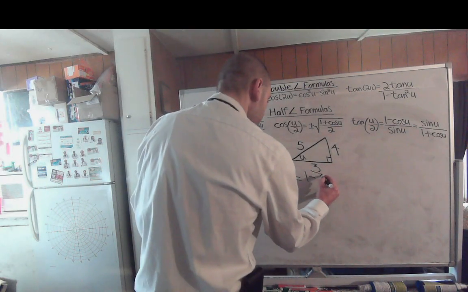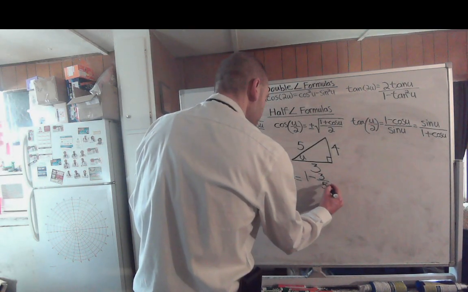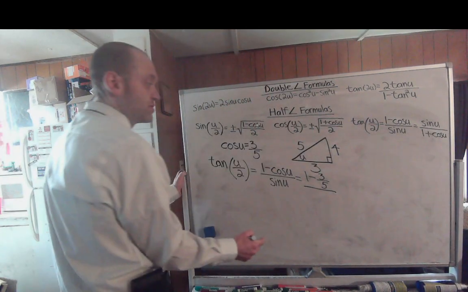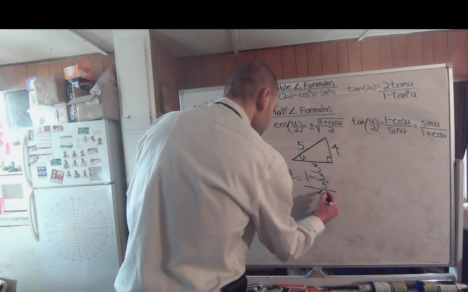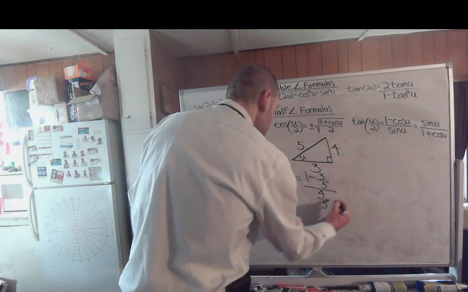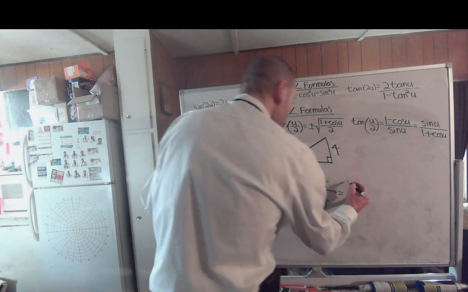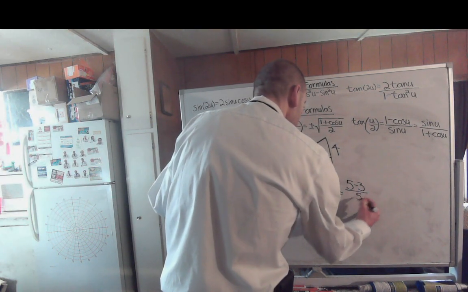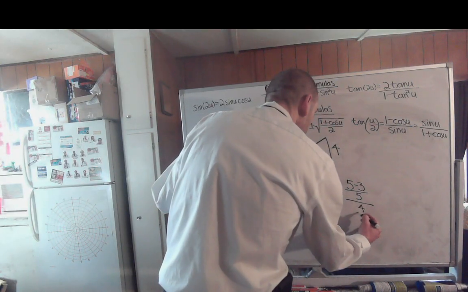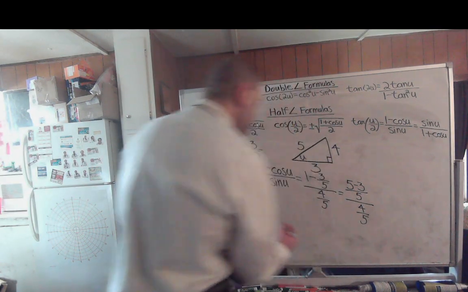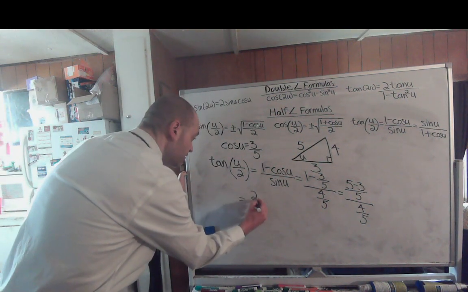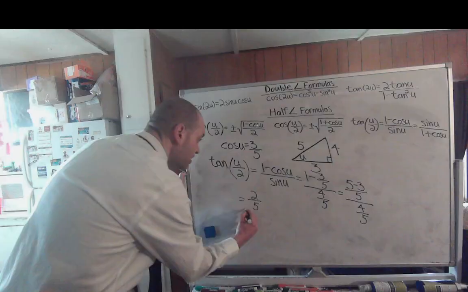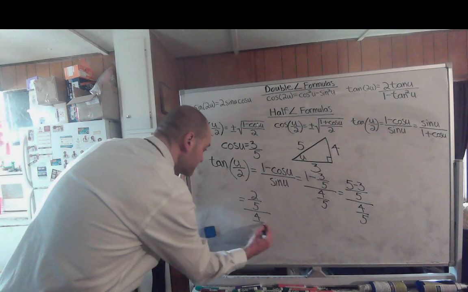That's 3/5, so that'll be 1 minus 3/5 all over your sine of u, which is 4/5. So this would end up equaling 5 minus 3 over 5 all over 4 over 5, which would give you 2/5 all over 4/5.